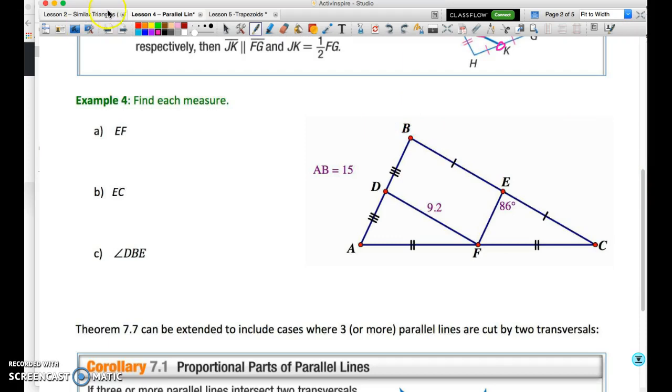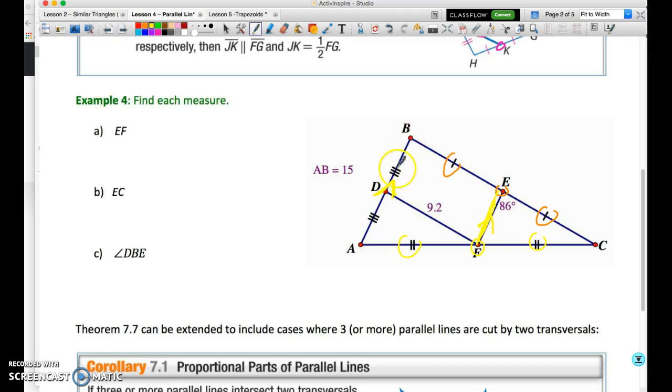Okay, and so I'm going to point out a few important things here. So first off, since E is the midpoint of BC and F is the midpoint of AC, then segment EF is going to be a midsegment, and what that means is it is parallel to the third side in the triangle.